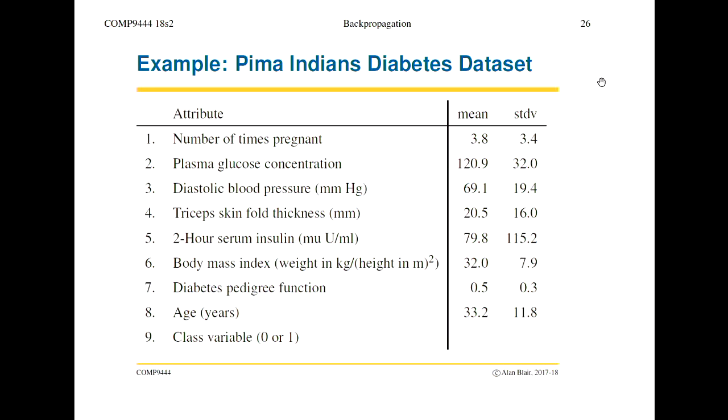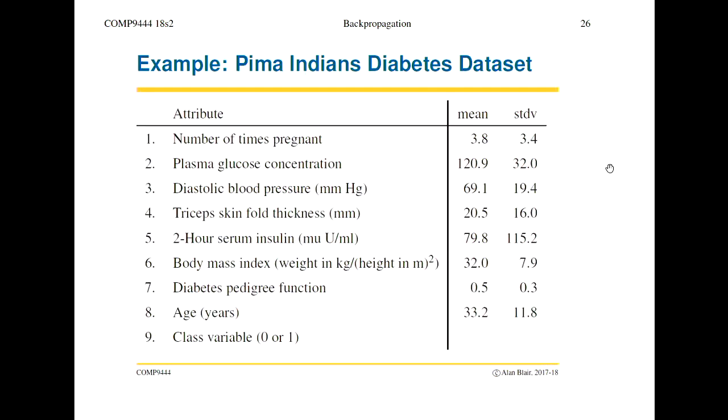A lot of these things are blood tests. Then there's the age. So there are these 8 inputs, and then they're classified just as 0 or 1, whether they developed diabetes.